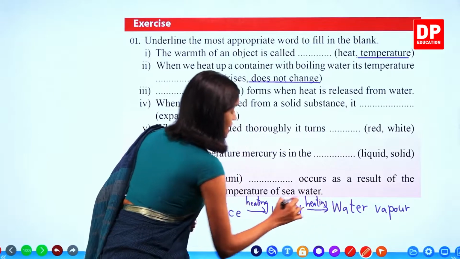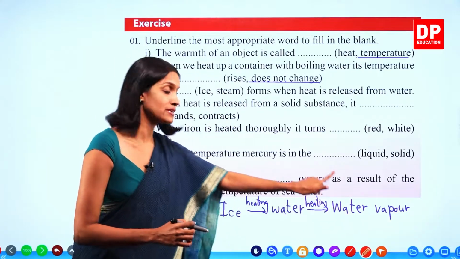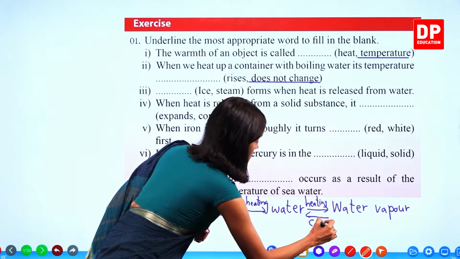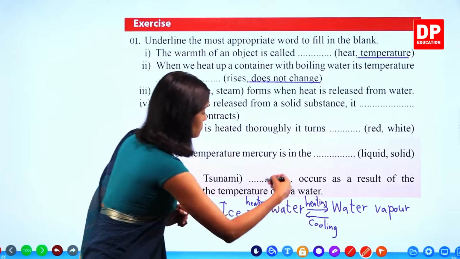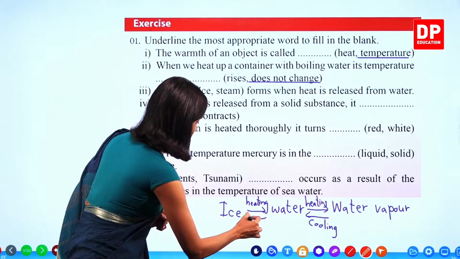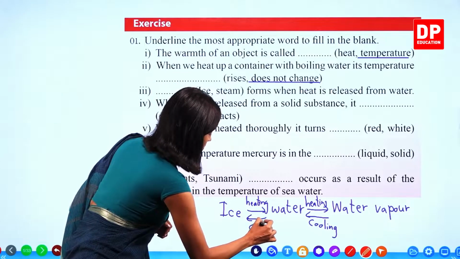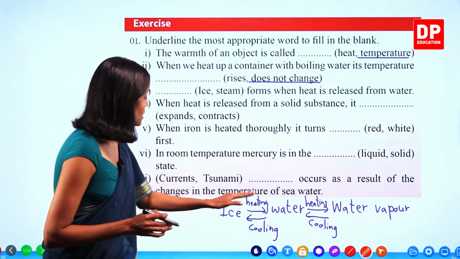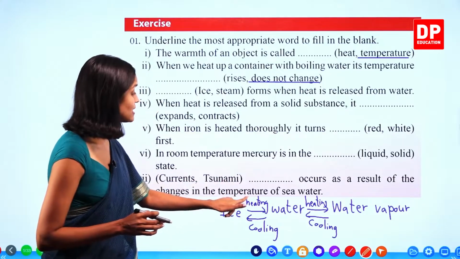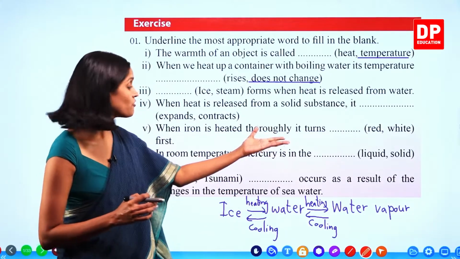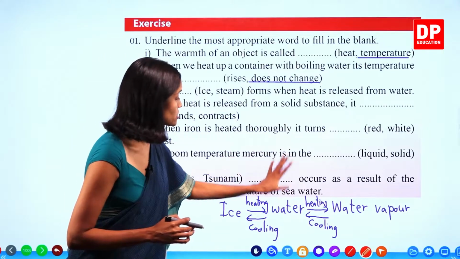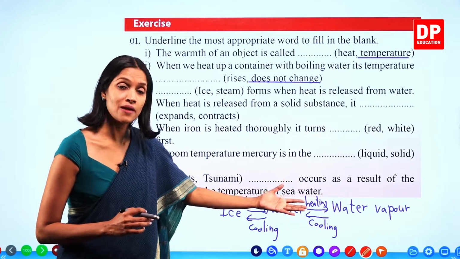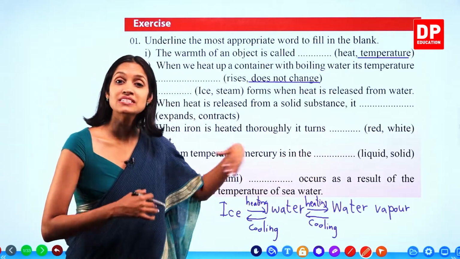Right. In the same way, water vapor turns into water again by cooling. And water turns into ice due to cooling. Right. So here, due to heating, because of absorption of heat, ice turns into water, water turns into water vapor. So due to cooling, when we cool something, the substance releases its heat.